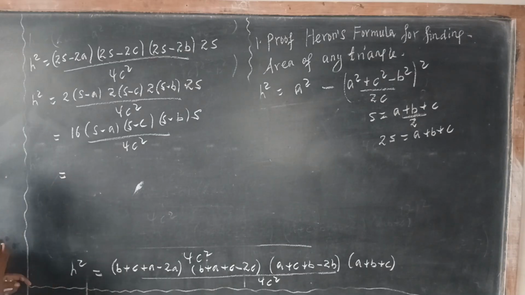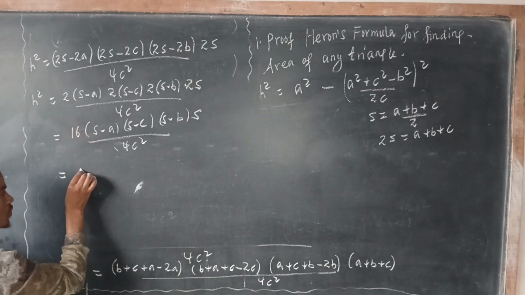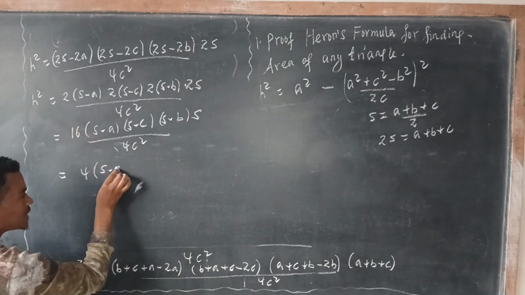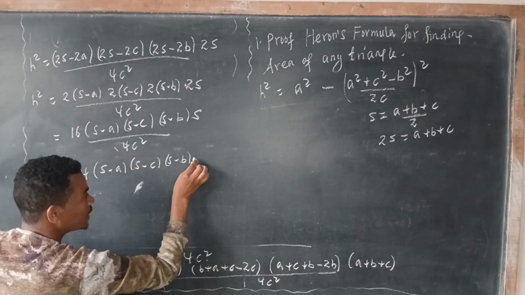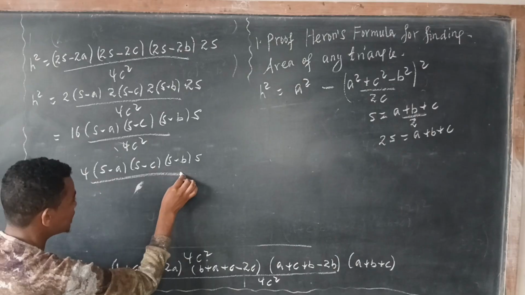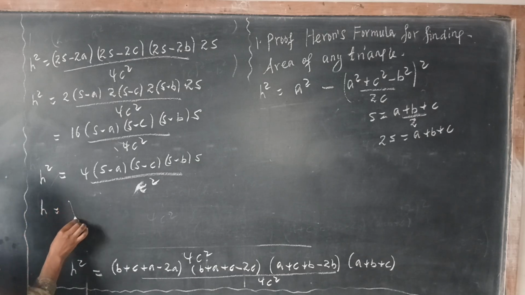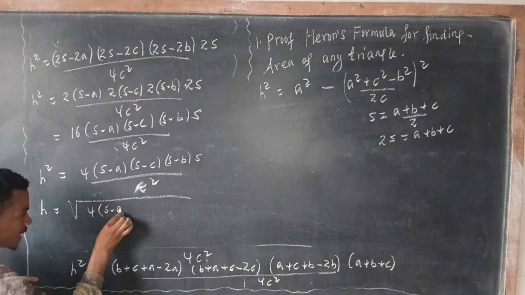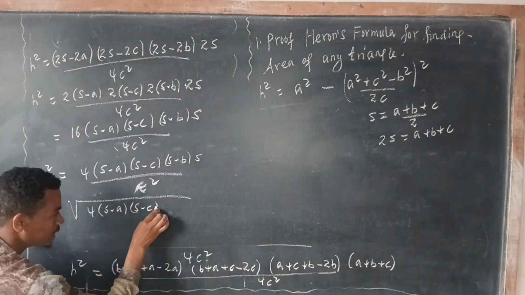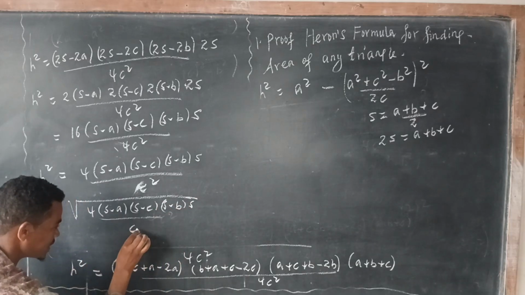This is the same, by 4, what we get is 4 into s minus a, s minus c, s minus b times s over c square. So from this one is h square, therefore h is equal to square root of 4 into s minus a, s minus c, s minus b times s over c square.